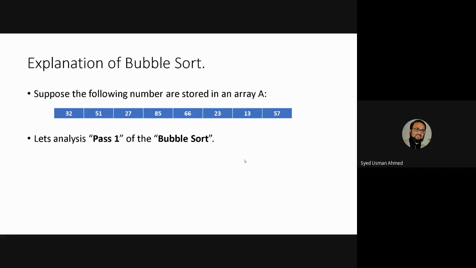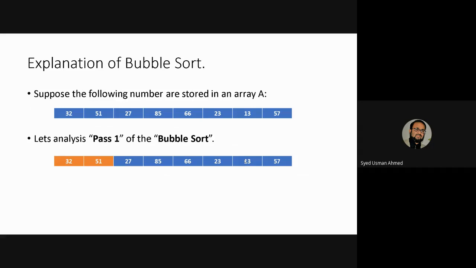Let us analyze pass 1 of bubble sort. As per the definition, we compare the first two elements first. 32 is compared to 51, and 32 is less than 51. So these two numbers remain as they are. They will not interchange because they are already sorted.